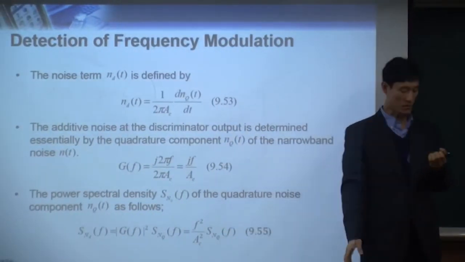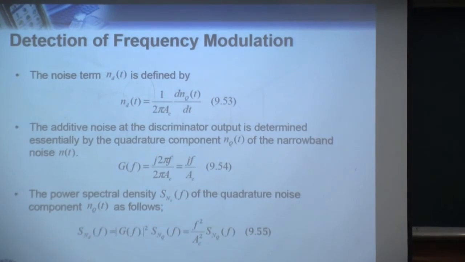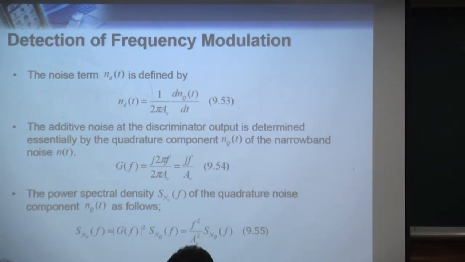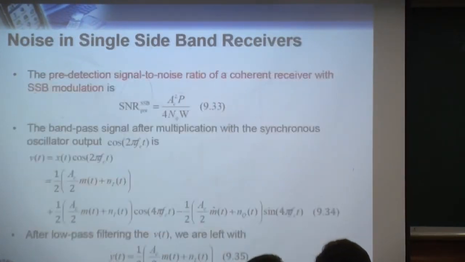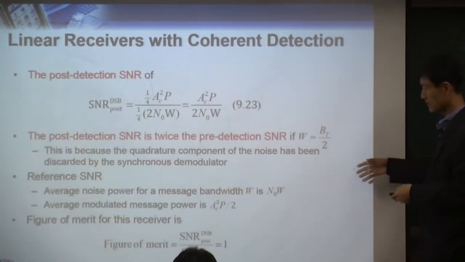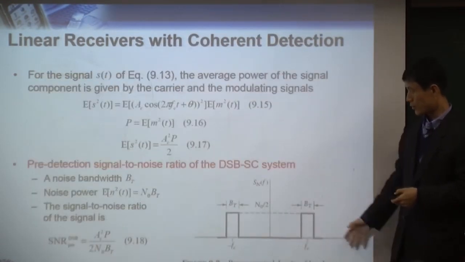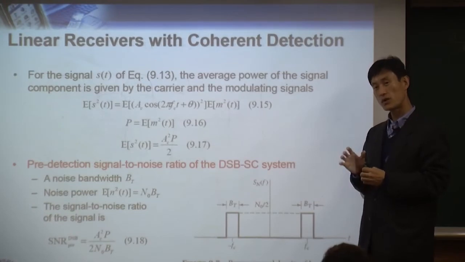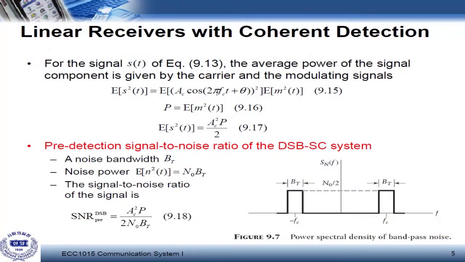Remember what the power spectral density looked like in AM? Let's go all the way back to DSB, SSB. We looked at the noise n(t), and n(t) in the passband has this power spectral density. This is a passband.